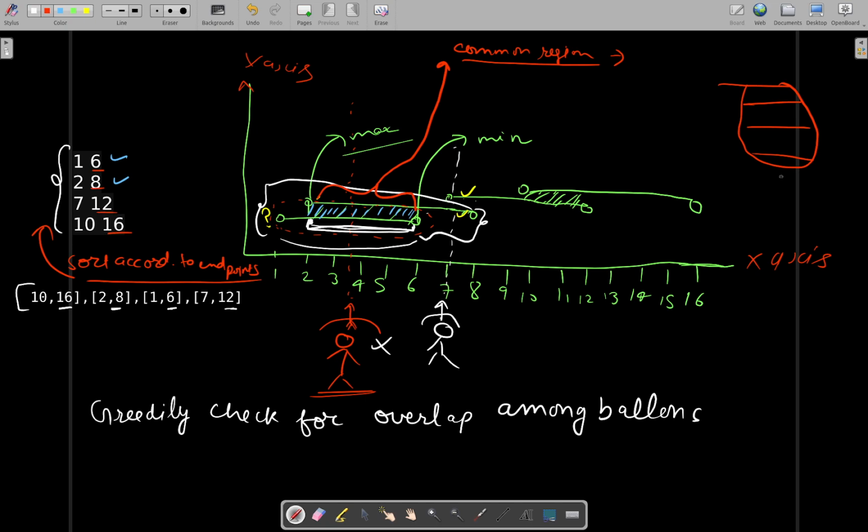So you can see, when the person is standing here, he can just shoot this arrow and it will end up bursting these 4 balloons that were there. Okay, 1, 2, 3 and 4. So we are only interested in finding this particular overlap.